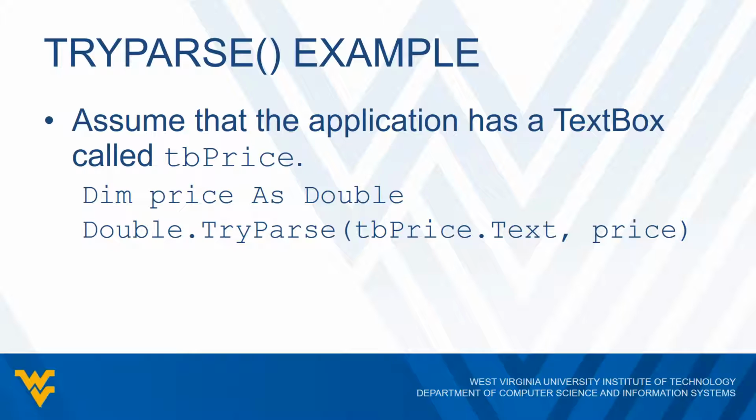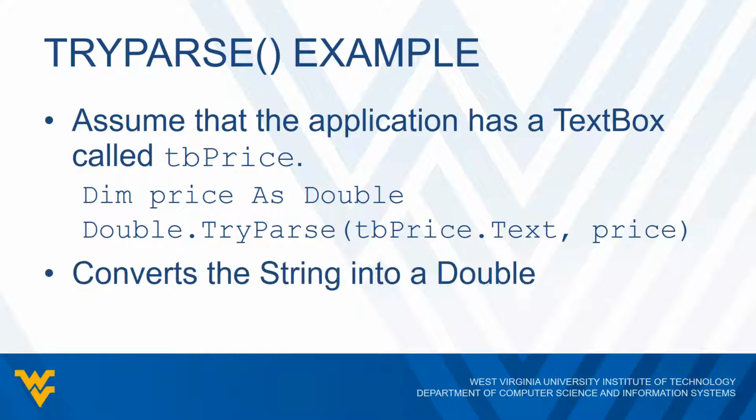And then we have the line Double.TryParse, then in parentheses tbprice.text, and then price. So what this does is we're going to take the string that's stored in tbprice, and the dot text means we're getting the actual text portion of it. We're going to convert it into a double and then store that in price. So price will contain the double value of whatever was in our text box.